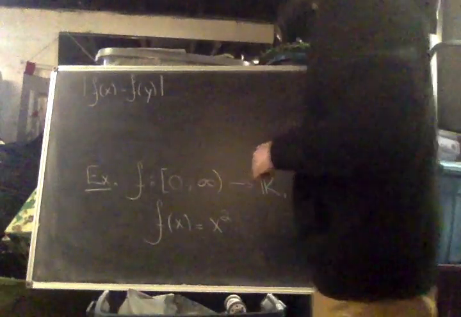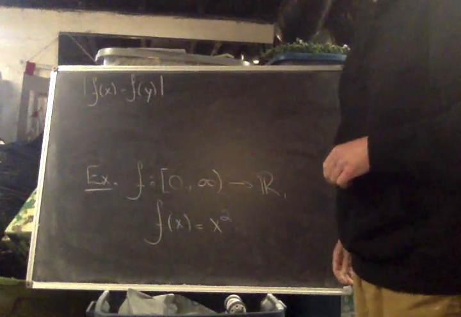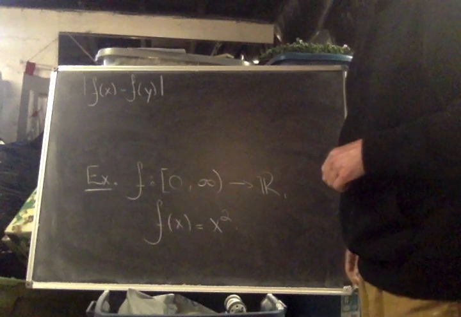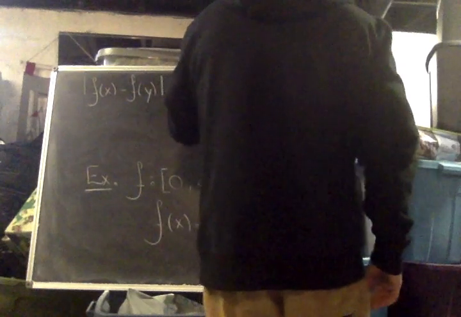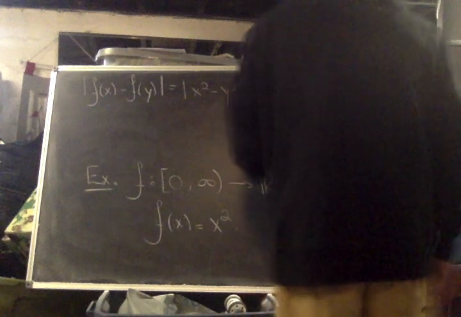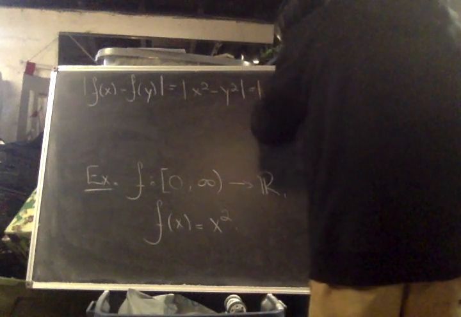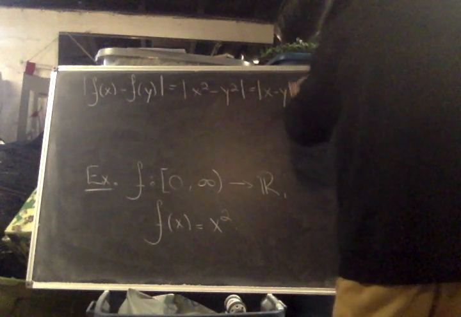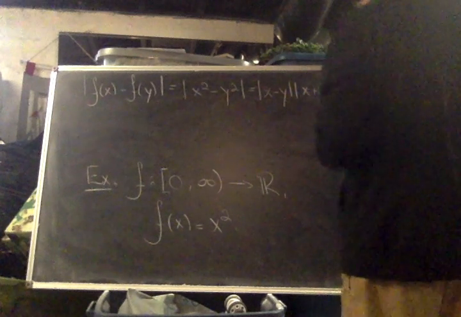Let's look first at the absolute value of f of x minus f of y. That's the thing we ultimately would like to make small, to make less than epsilon. And we have a formula for f, so this is the same as x squared minus y squared, which can be factored as the absolute value of x minus y times the absolute value of x plus y.